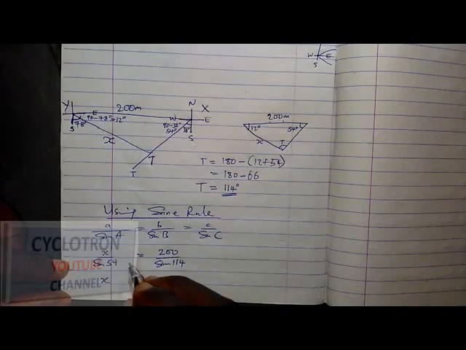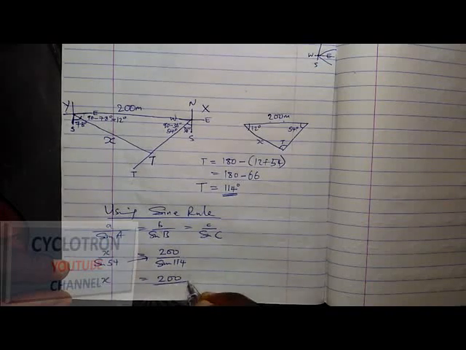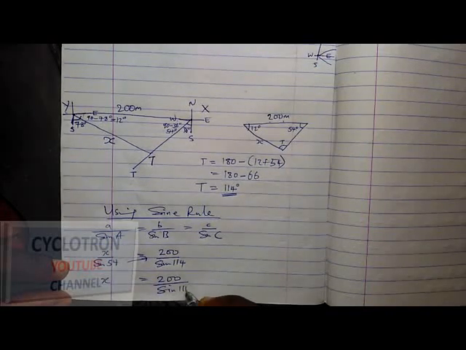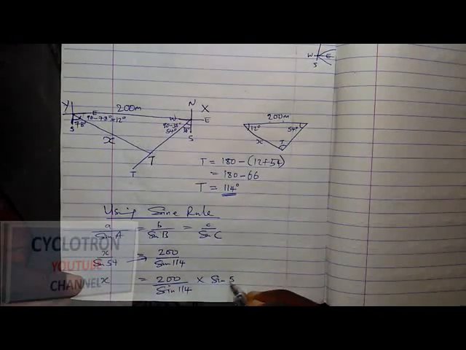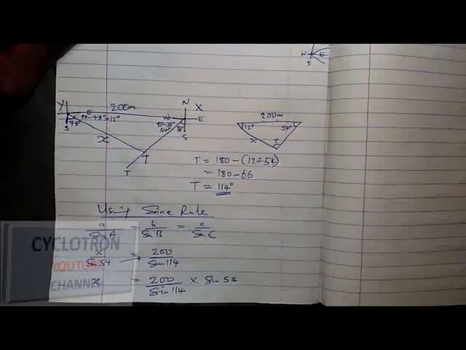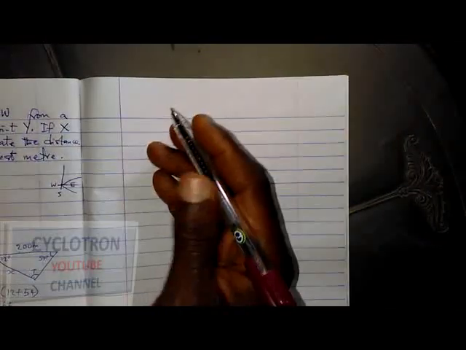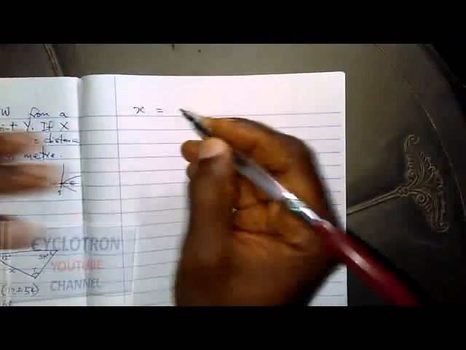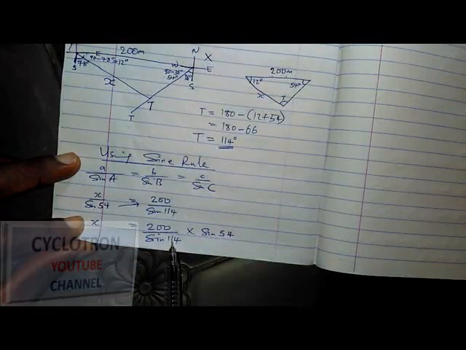X equals 200 over sine 114 times sine 54. Now let's solve sine 54 and sine 114. X equal to 200 over sine 114 times sine 54.